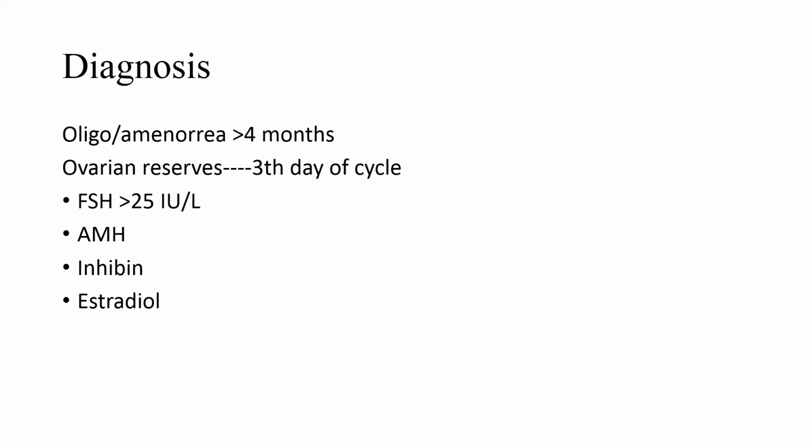The other criterion, the best method to determine the ovarian reserve, how many follicles are there in the ovaries, is through determining anti-Mullerian hormone. Anti-Mullerian hormone is released from the granulosa cells, and if primordial follicles are there, it is released in larger quantities.